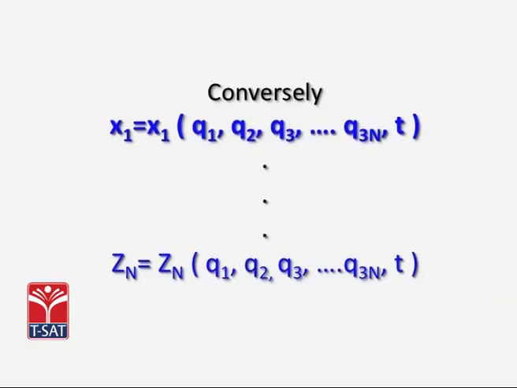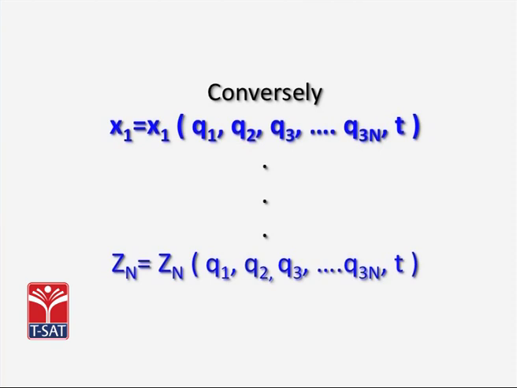Conversely, these generalized coordinates give x1 as a function of q1, q2, q3 etc. up to q3n, and also as a function of time. Like that we have all these coordinates as shown in the monitor, up to zn as a function of q1, q2, q3 etc. q3n and time also.